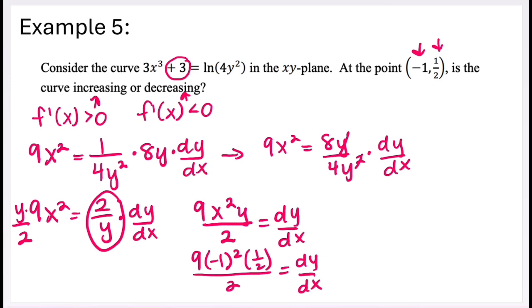I know that when I square -1, it's going to turn positive, so it really doesn't matter what anything else is. I know that dy dx is going to be positive. So dy over dx is going to be greater than 0, which means our function is going to be increasing. I really just had to check the sign of it at that place and not think about anything else. So I know it's going to be increasing at that particular point.